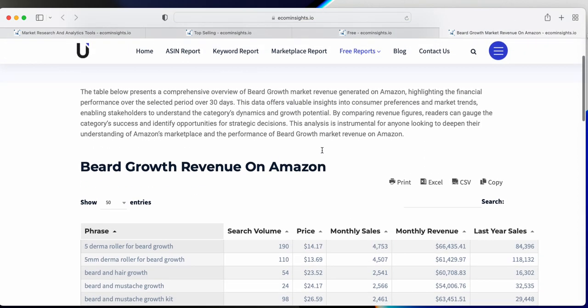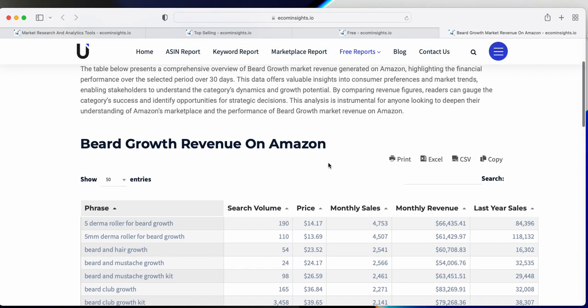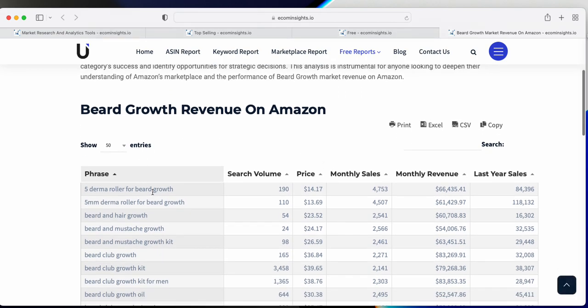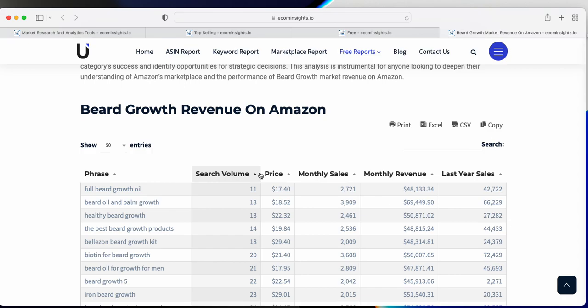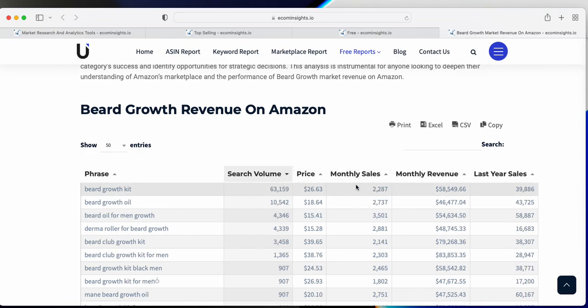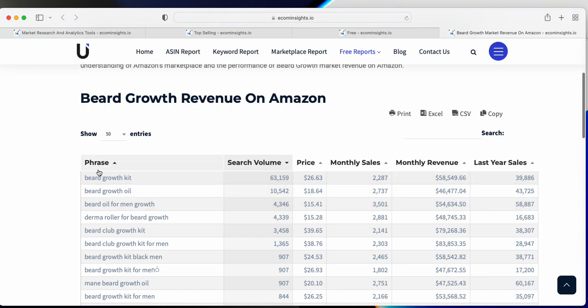This report isn't particularly for product sales, it's more for keywords and their search volume, their price, monthly sales, and monthly revenue. For example, this is a beard growth kit, over 60,000 a month in search. This is the average price, monthly sales, monthly revenue, and how many units were sold last year.